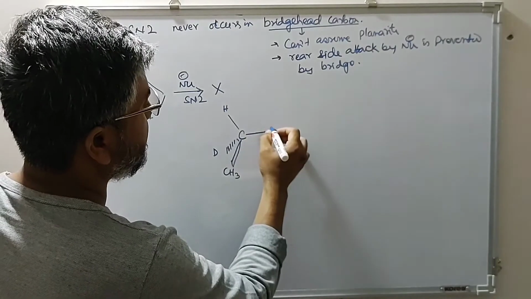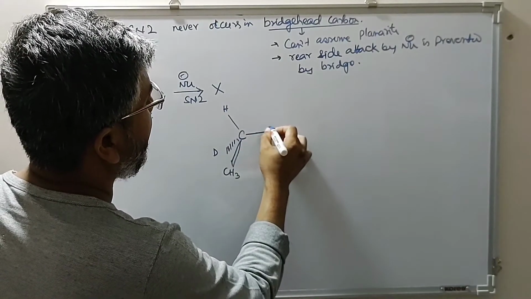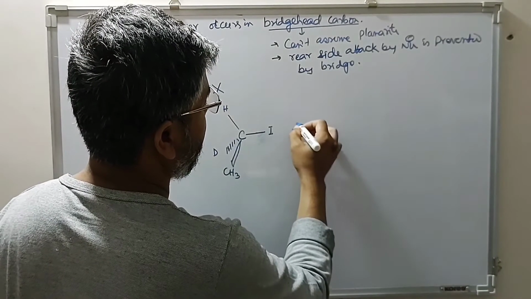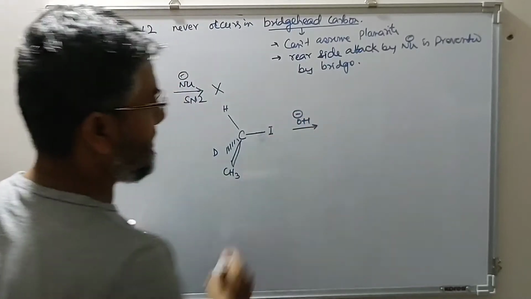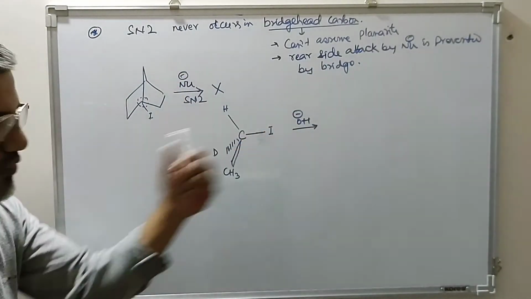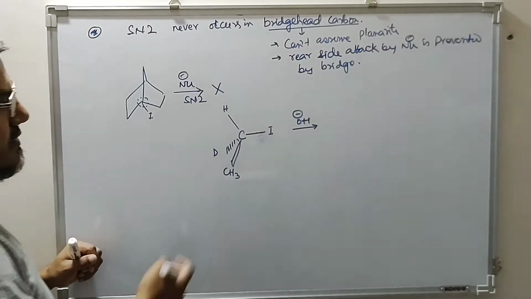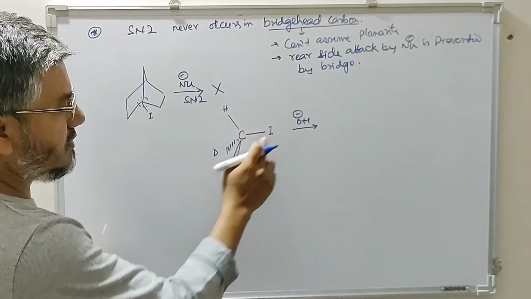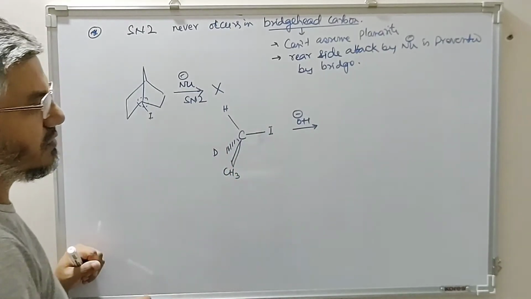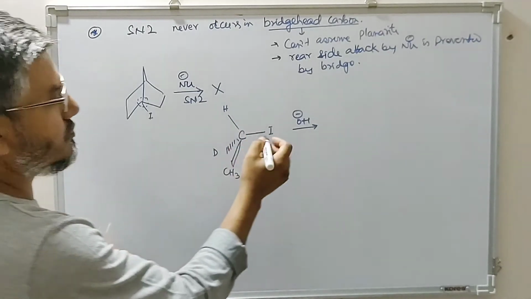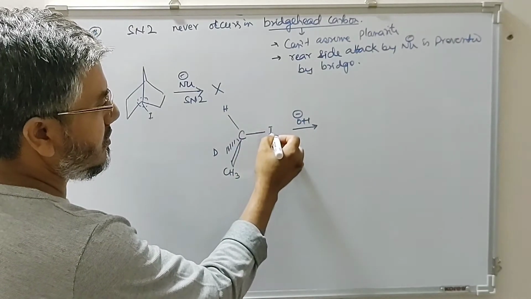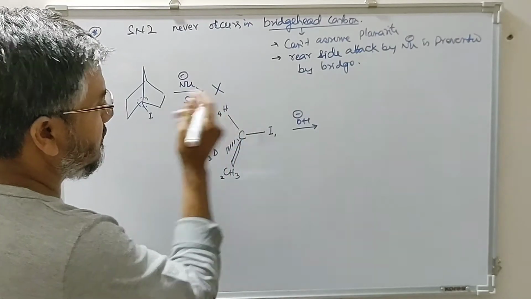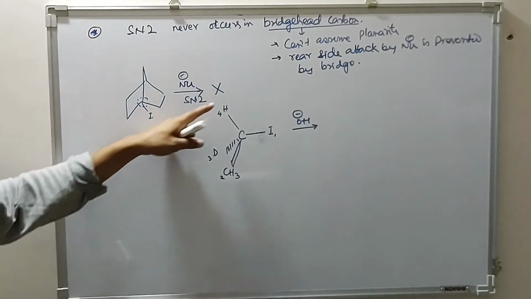Let's suppose this is I. Now we reacted this with OH minus. So we are using OH minus. So look at this. If you look at this, the priority order is 1, 2, 3, 4. So this is the least priority order group.